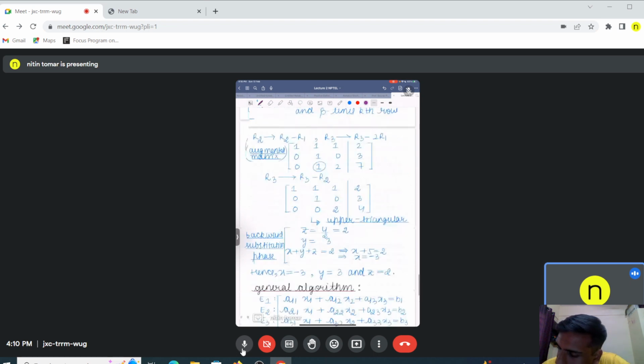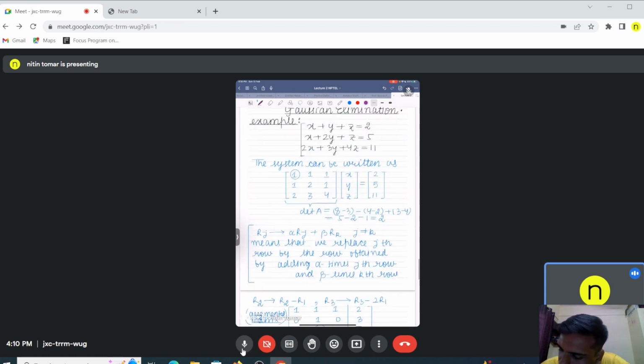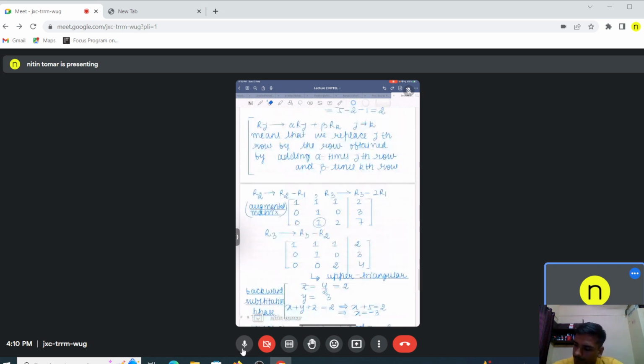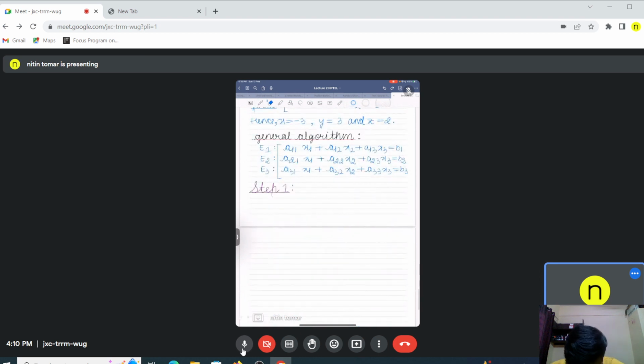Step 1. Remember, in this case step 1 was making this to be 1, but it was already 1, right? If it had not been 1, we would have divided by the same number, right? But we can divide only when a11 is not 0, so you have to take care.